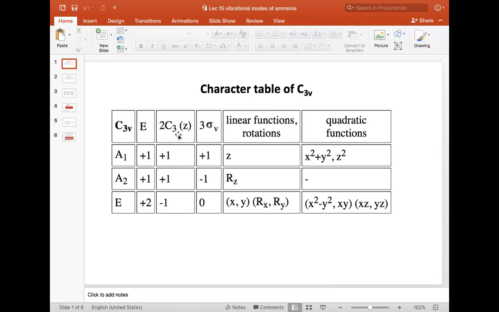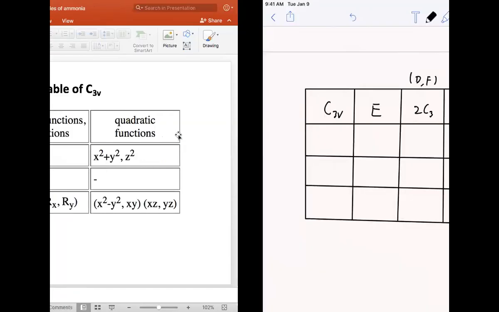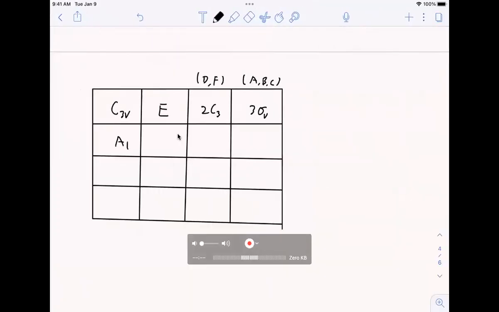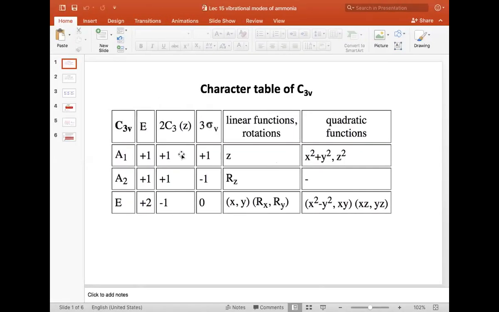Of course, these two are just D and F in our case, and this will be A, B, C. And then you have the A1, A2 representations. So all of this will be 1, I think, and this will be 2. Then this 1, 1, 1, -1.